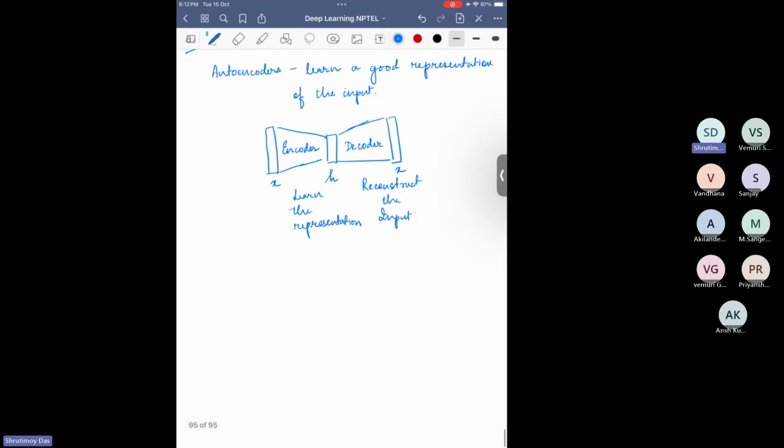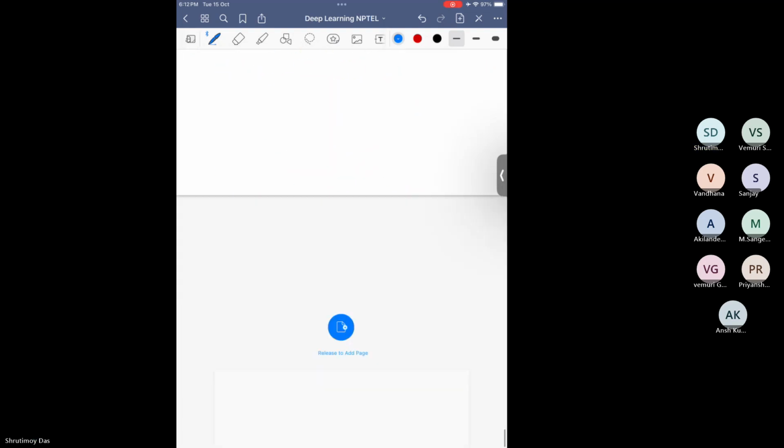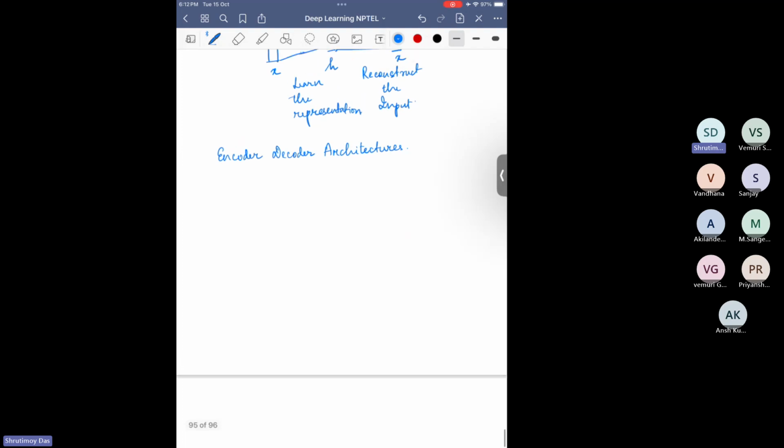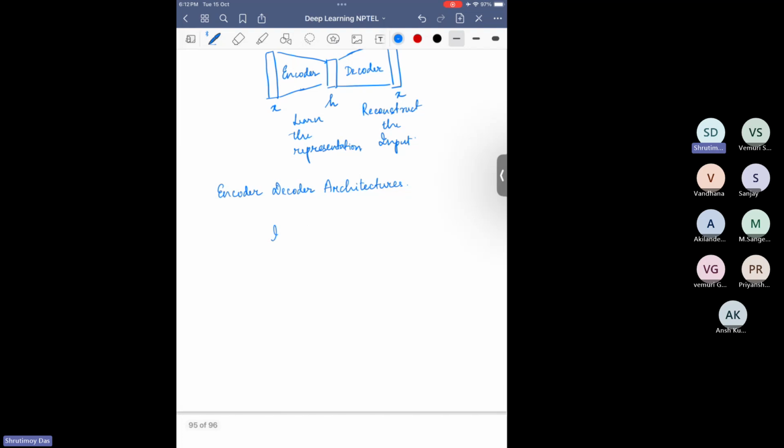But now, when you're talking about these encoder decoder type models or architectures, the task earlier was that you have some input and you have some output, and you design a simple neural network for this, right?